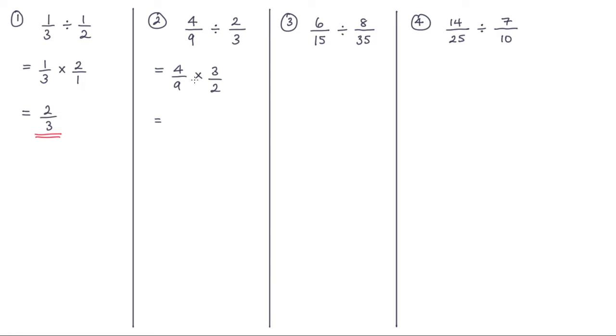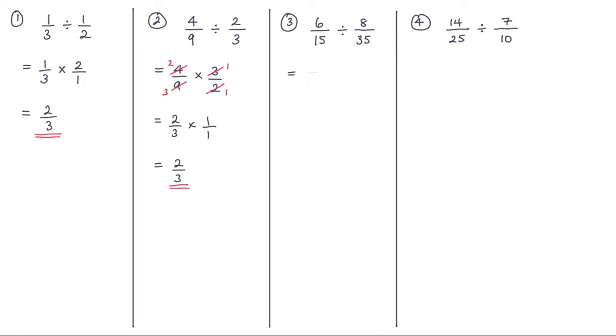And I can see I can cancel the 9 and the 3 and the 4 and the 2. 2 will go into 2 once and into 4 twice. 3 goes into 3 once and into 9 3 times. So I have 2/3, and that's multiplied by 1 over 1, or just 1. And the final answer is 2 over 3.